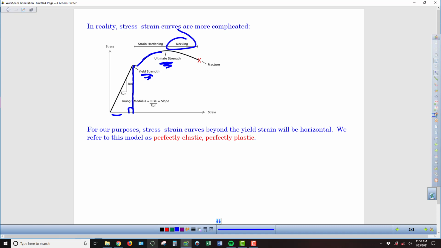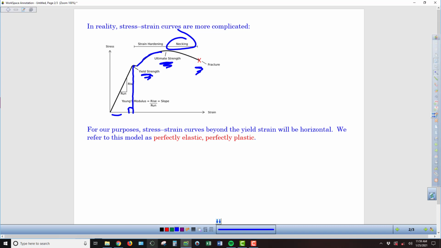Necking is what it's called, but ultimately that material is on its way to fracture, and then eventually the material experiences so much strain that it can no longer hold itself together, and so it actually breaks, or again, under compression, shatters or spreads, so it can no longer perform the operation that it was doing before.